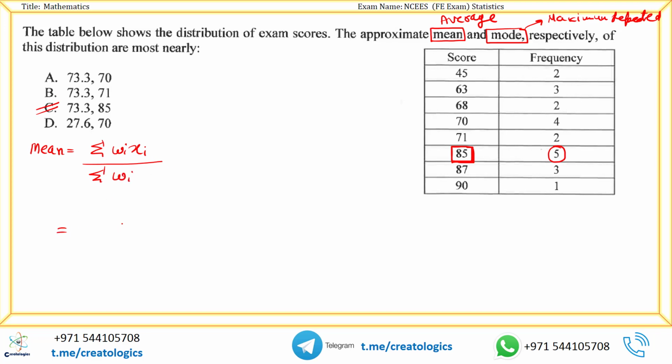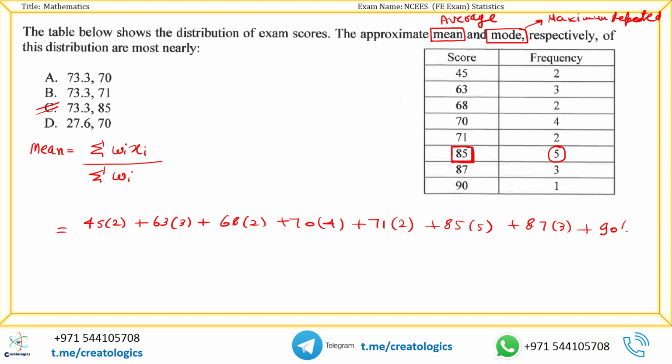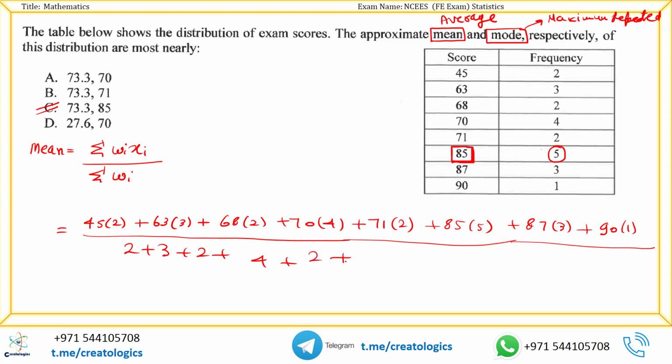Okay, so multiply these, we will get 45 times 2 plus 63 times 3 plus 68 times 2 plus 70 times 4 plus 71 times 2 plus 85 times 5 plus 87 times 3 plus 90 times 1, and divided by the sum of all the frequencies, that is 2 plus 3 plus 2 plus 4 plus 2 plus 5 plus 3 plus 1, or you can use the calculator to get your required mean value.